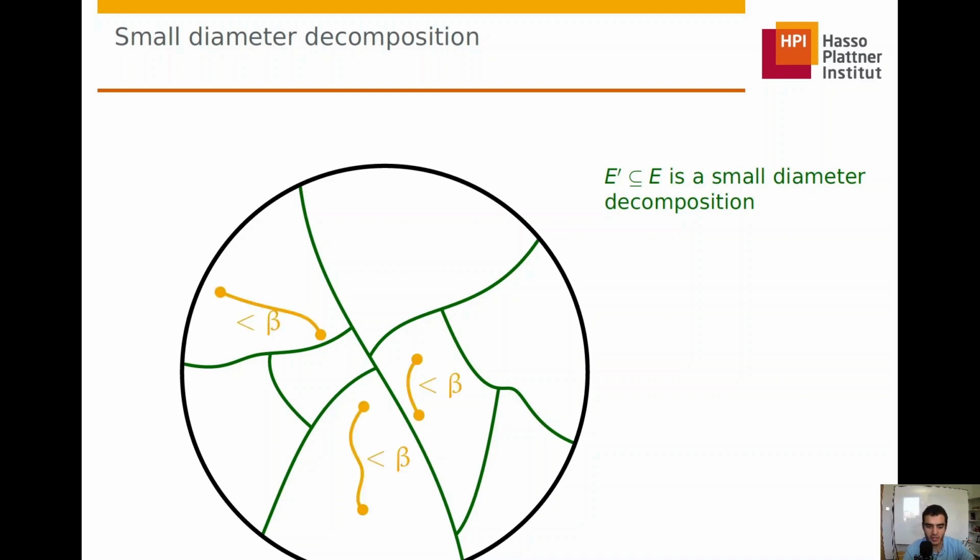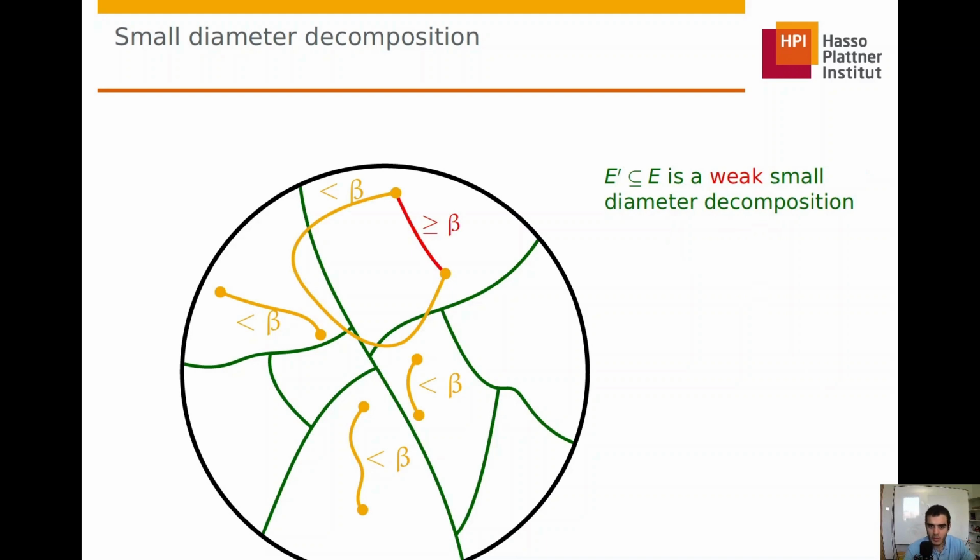Small diameter meaning that any pair of vertices inside any of those components would have a distance less than beta between them. We are going to talk more particularly about weak small diameter decomposition in our paper, because we could actually use the edges that are cut in our small diameter decomposition to create that path of less than beta between those 2 vertices.